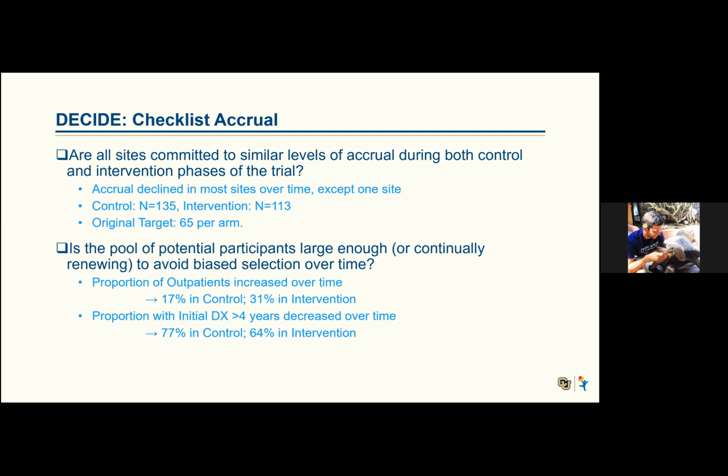We had a decrease in the proportion who had longer diagnoses, so we were getting patients with more recent diagnoses, and we were having more of those most recent diagnoses in the intervention. Now, these are two characteristics that we measured, and by being able to put them in the model, we were able to get around this problem.